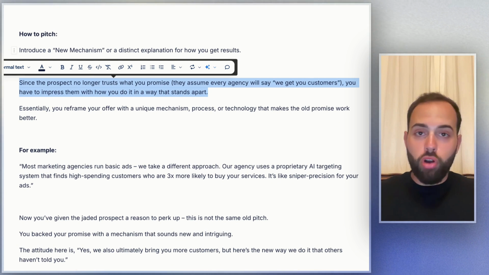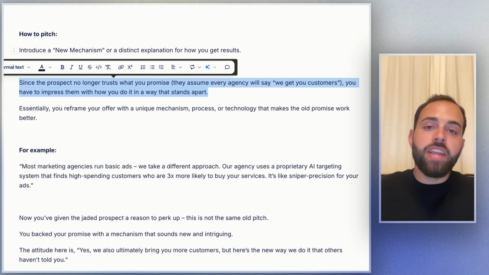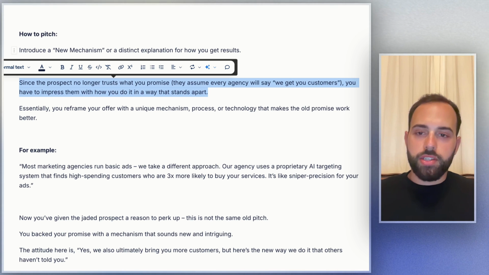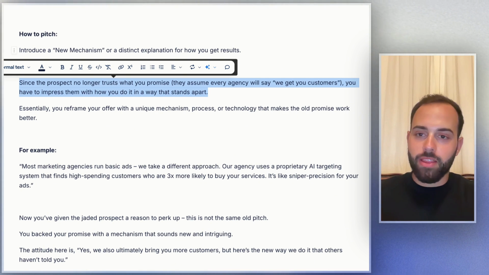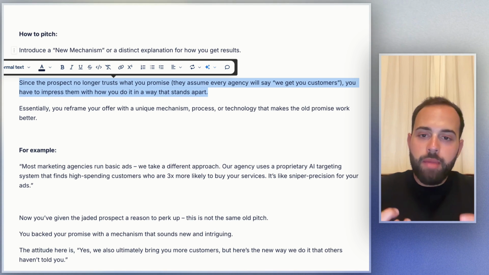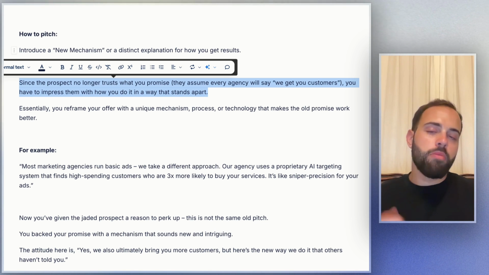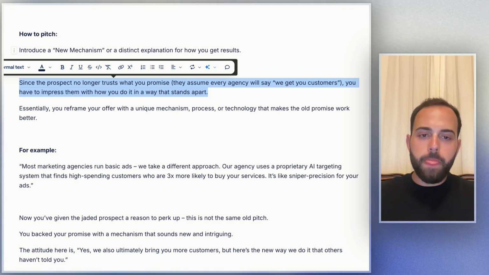So what the prospect assumes now is that every agency is going to say, we can get you more customers. So what you need to do now is impress them with how you can get them more customers.